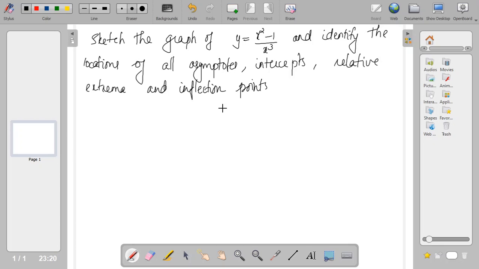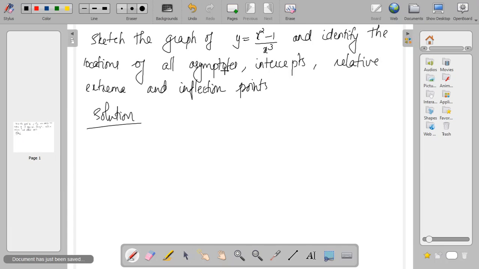Now let us see the solution. Here the numerator and denominator do not have any factors in common. So, as we saw in the last class, we will be using these 7 steps for finding the graph.